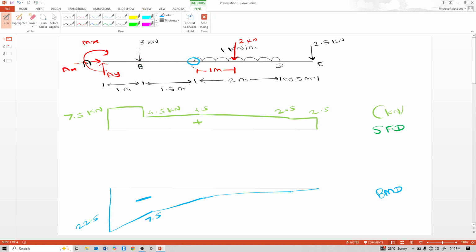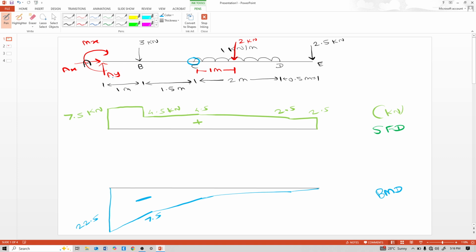Now calculate moment at point C. See, left side to that point. This AY force, this MA moment, this 3 force. This AY is clockwise, that's why positive 7.5 into 2.5. This 3 is anti-clockwise, so minus 3 into 1.5. Again plus MA.